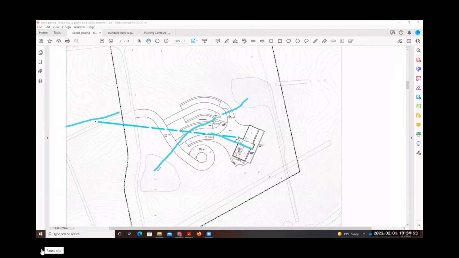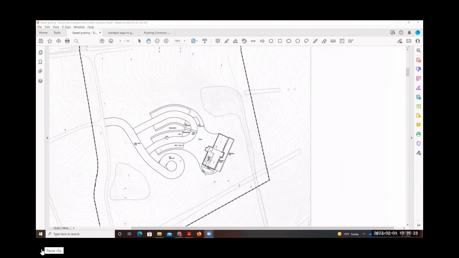It is always preferable to make your life easy. Not always possible, but always preferable if you can take advantage of a ridge line for your building. And we're going to go back to the previous slide for just a second to talk about why that is. There we go.